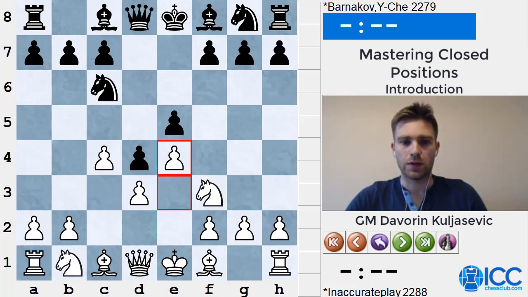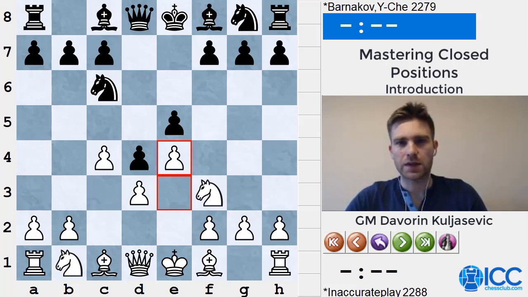The second important thing, actually this may come as the first thing to always think about in closed positions, is the importance of pawn breaks. Let's say if you look at this position, both sides will try to somehow open up the position. I mean, if it stays this way, we can just call it a draw.